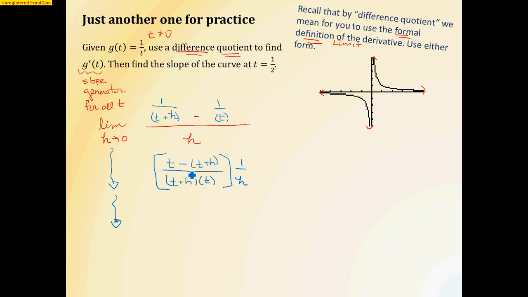So that's going to be t minus t minus h, which is just negative h, over t plus h times t. And shocker, I do get a canceling out.